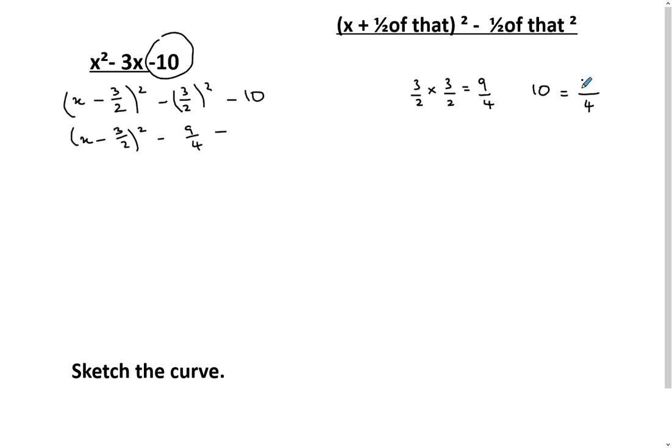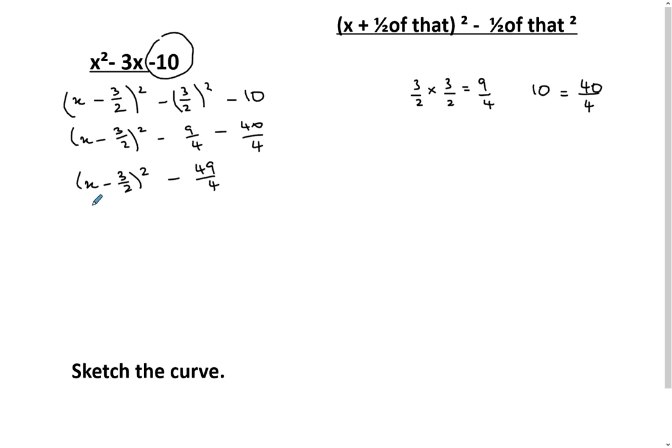So you can see it'll just be 40 over 4. So I've got 40 over 4. And the reason I did that, you can tell, is when I just copy this bit out, you'll get 49 over 4. And again, a smile comes on your face because you realize these are both square numbers.